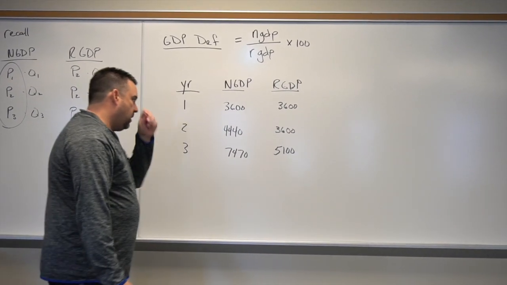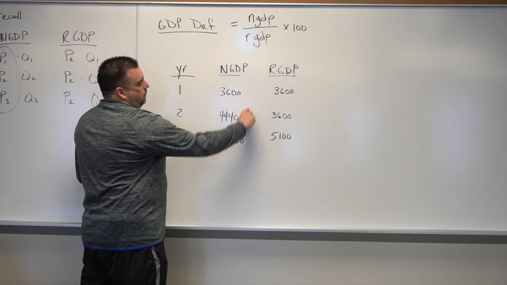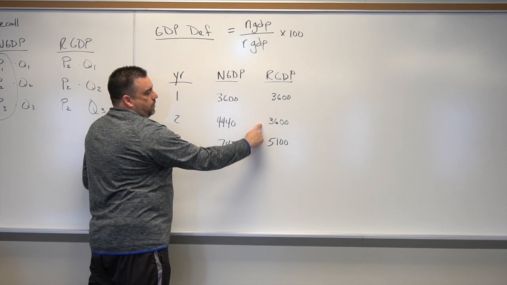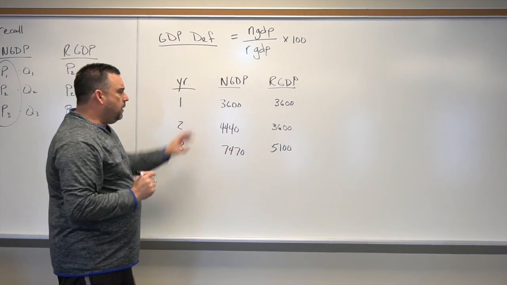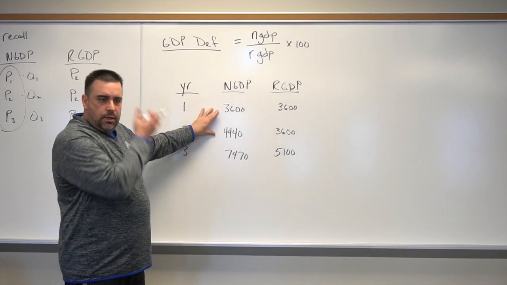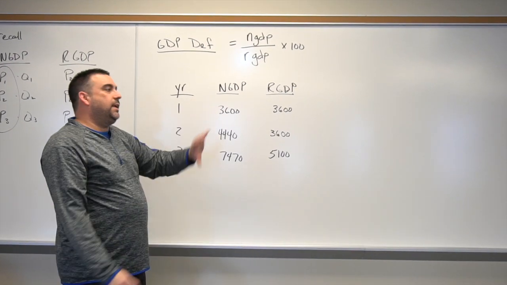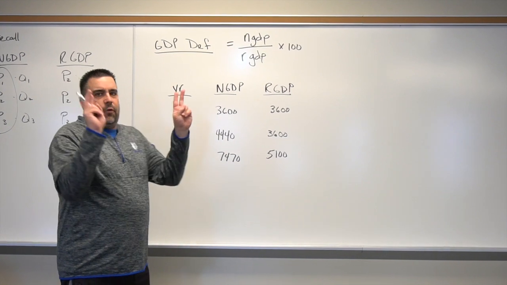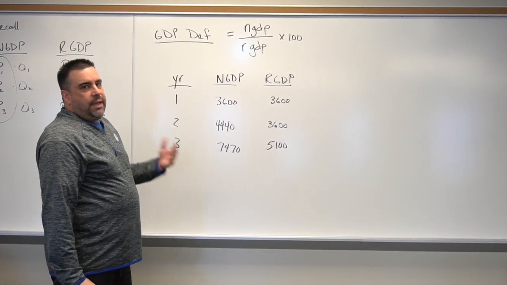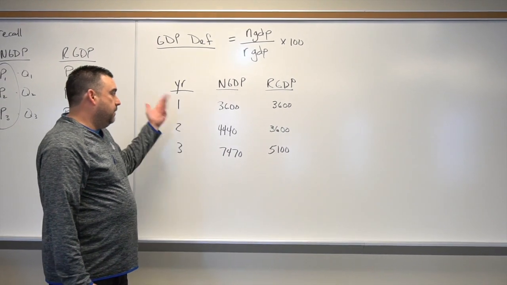But because you can see that nominal GDP went up in year 2 and real GDP didn't, this indicates that the price level rose. If you think back early in the semester to your charts when we were making real and nominal GDP, that was the problem at the time: nominal GDP was effectively capturing that inflation.